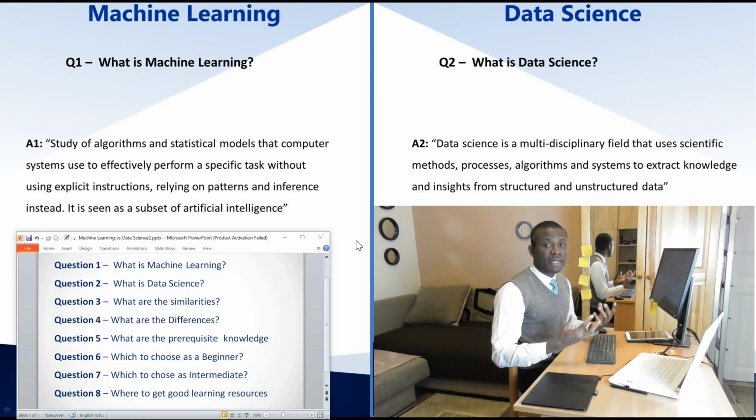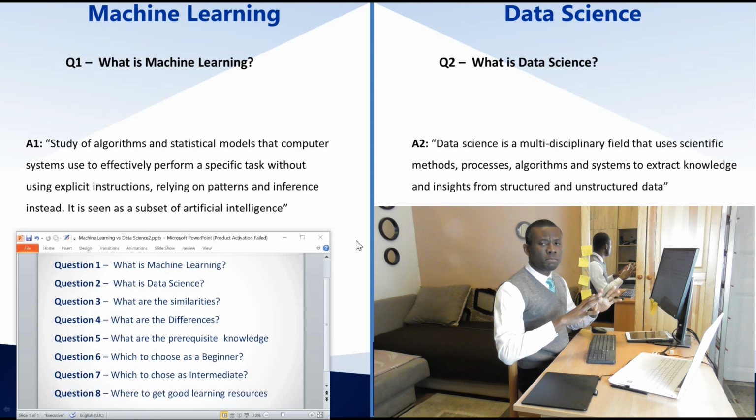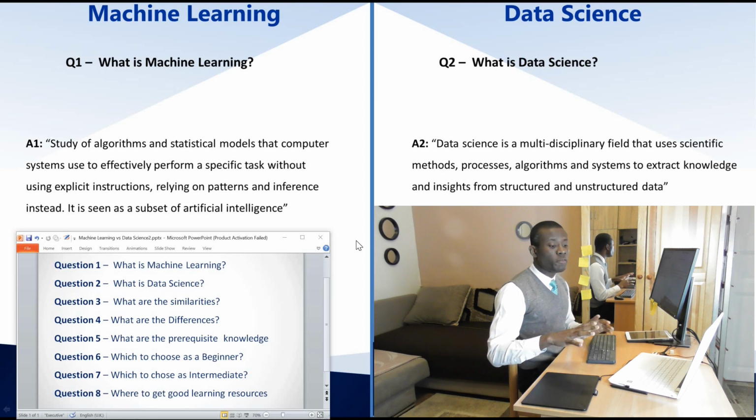You want to analyze it and extract information from this data. So you can see clearly that machine learning is much wider in scope than data science. Granted, data science is multidisciplinary, meaning that it applies to different industries you can think of: economics, finance, some areas of engineering. So data science applies because you always have to analyze data.